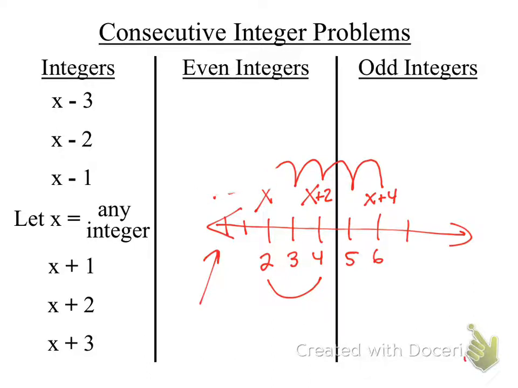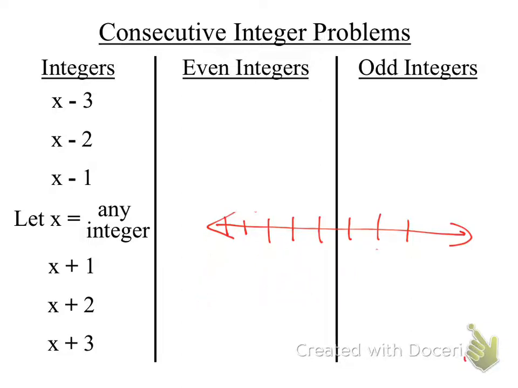Now this is where it gets tricky. Ready? Now I've got 2, 3, 4, 5, 6, 7, 8. So now I'm talking odd consecutive integers. I'm going to call this x.